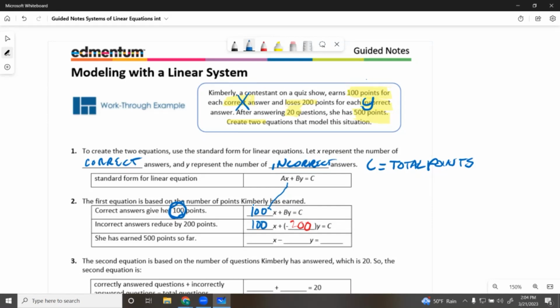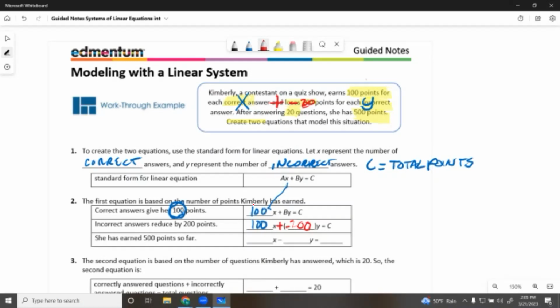Adding a negative cancels out and is the same as subtracting 200.